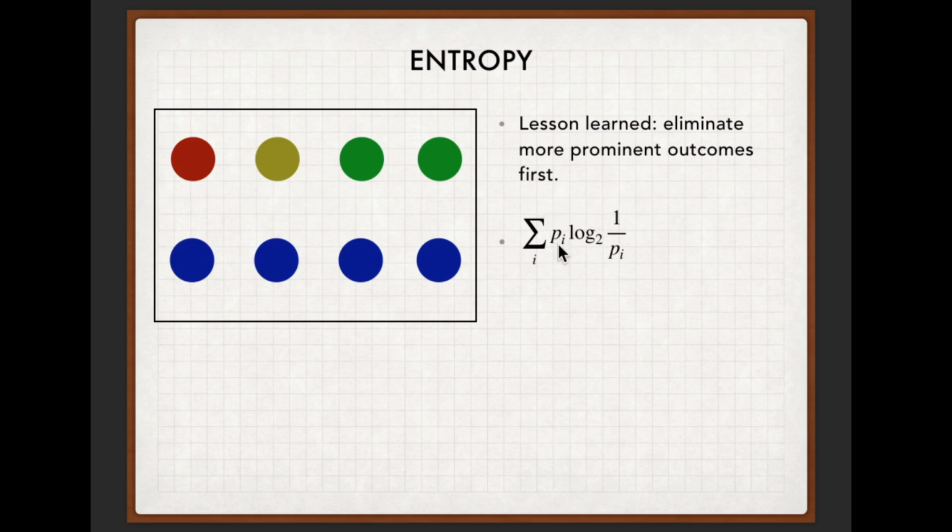How many questions you want the designed system to ask to reach that outcome is proportional to the logarithm with base 2 of the inverse of the probability of this outcome.